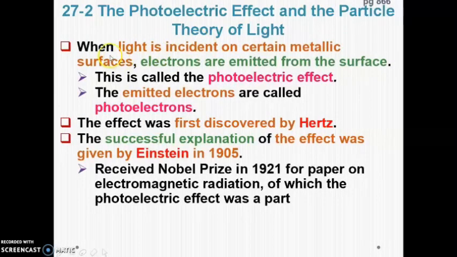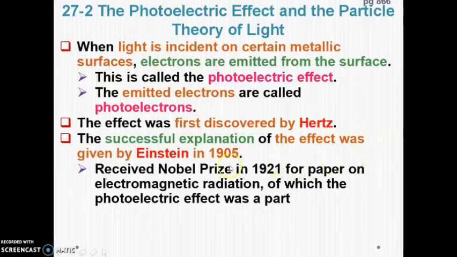Okay, so when light is incident on certain metallic surfaces, electrons are emitted from the surface. This situation we call the photoelectric effect, and the emitted electrons we call photoelectrons. The effect was first discovered by Hertz.